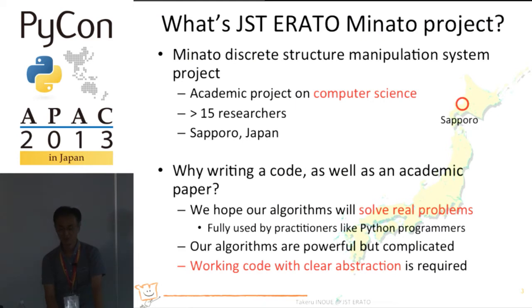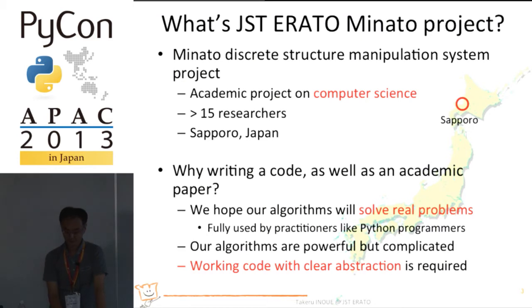We are studying many new algorithms in the project, and we believe they are pretty powerful and useful. We hope our algorithms will be widely used to solve real and important problems of our society. I'd like practitioners like you to fully utilize our algorithms to solve your own problems.